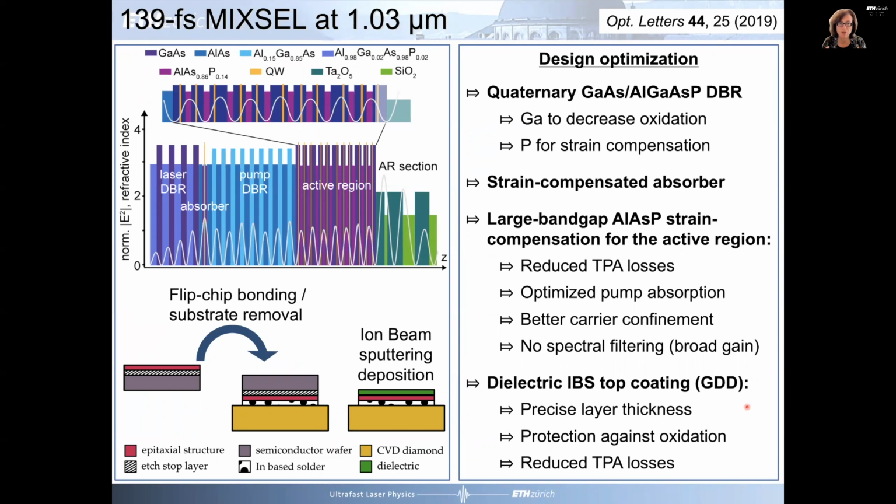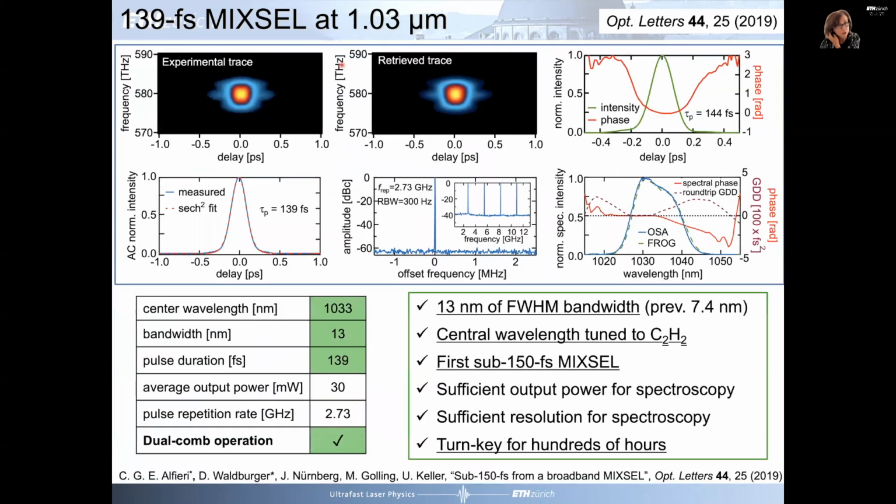And so we put all the improvements that we learned with strain compensation, with taking large band gap, with no spectral filtering by moving the gain away from the peak, by using a really high quality dielectric top coating to do the flat GDD compensation of the structure. We could also demonstrate 140 femtosecond pulses, and we pushed it at that time to 103 micrometers.